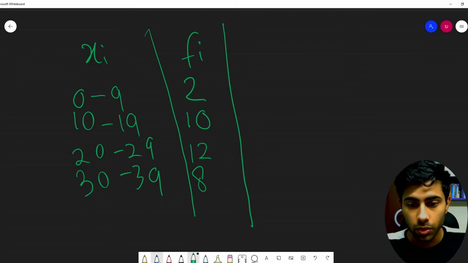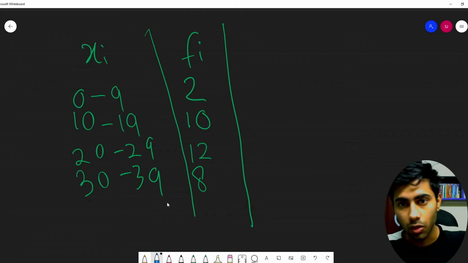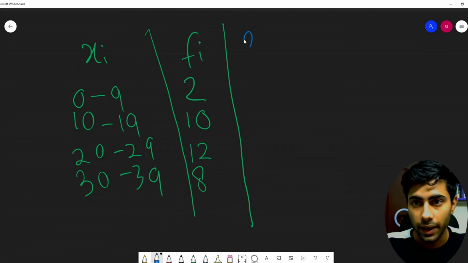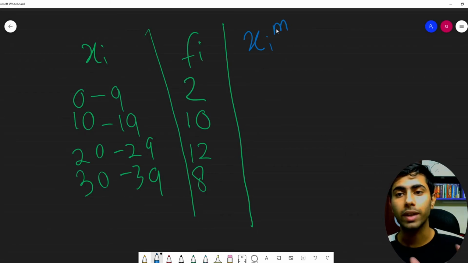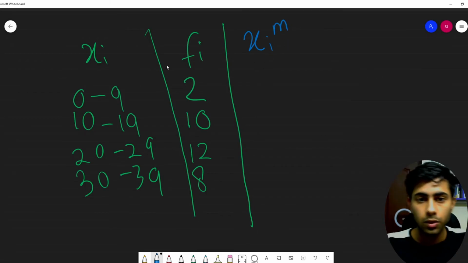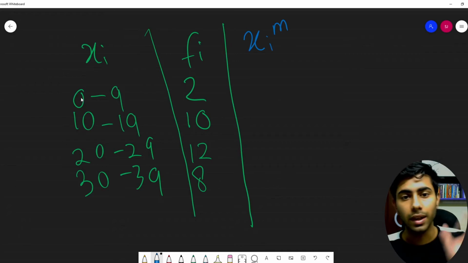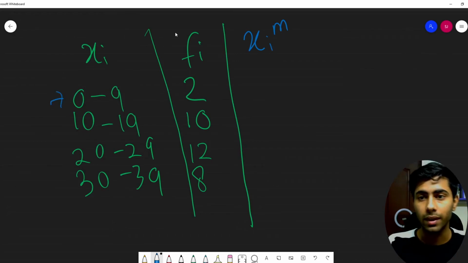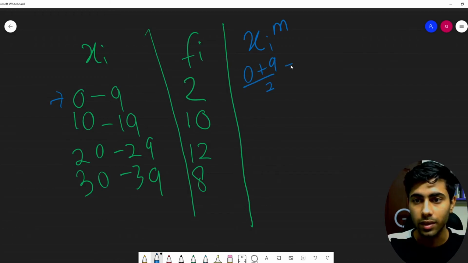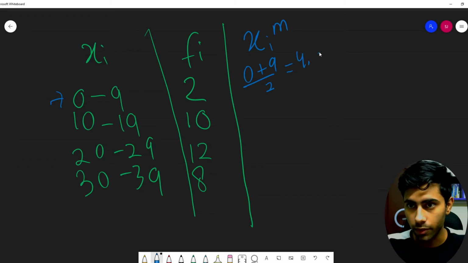So what I'm going to do is draw another column that is going to represent my xim, that is the mid value of each class interval. So when my class interval is 0 to 9, then the mid value of this is going to be 0 plus 9 divided by 2, which is equal to 4.5.